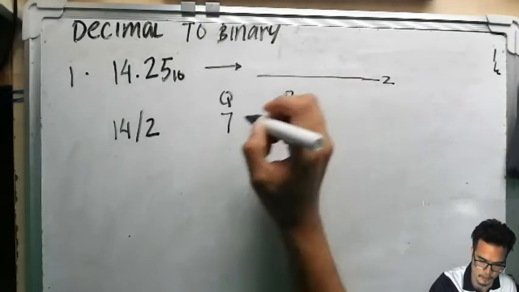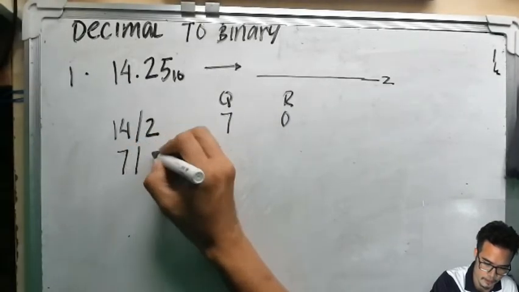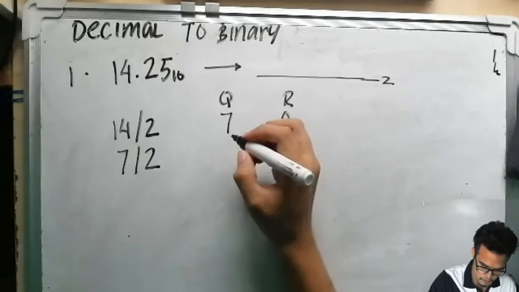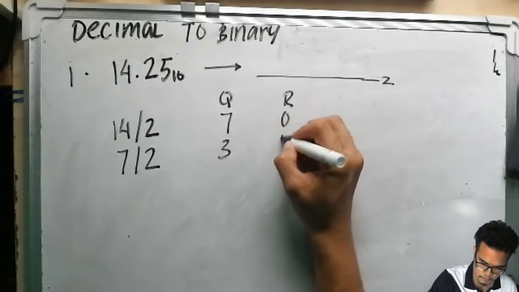Next, get the quotient, 7 divided by 2. So 3, and the remainder is 0.